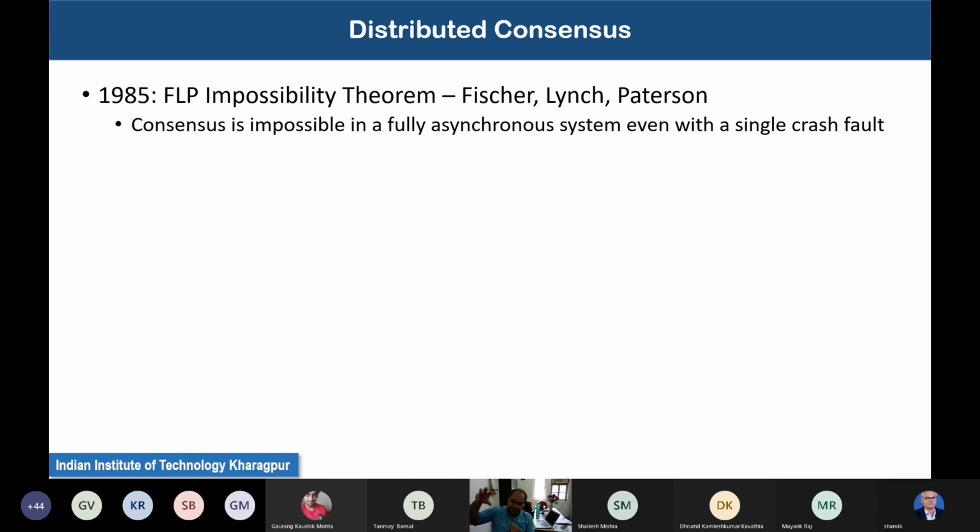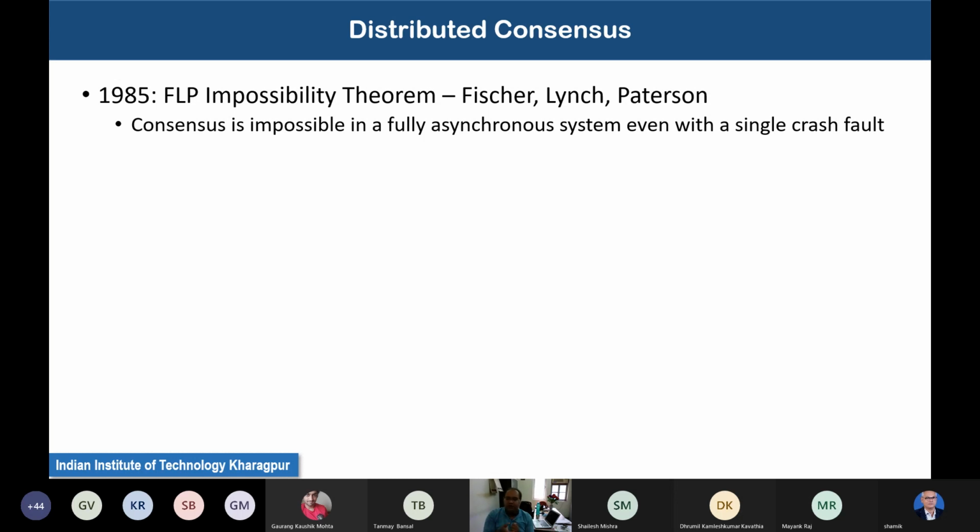Now if a node fails, that is, if there is a crash fault, it means suddenly there are problems in one of the participants' network and that participant is not able to send any message. Say, for example, that there is a network cut or a power cut, and the participant is not able to send the message.